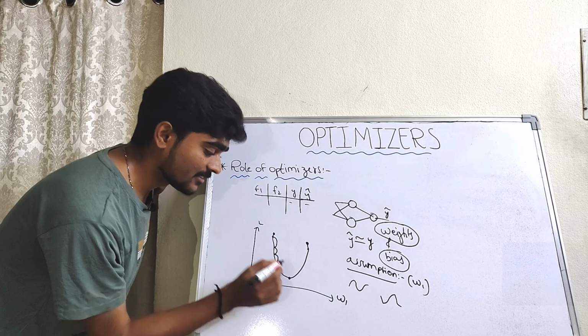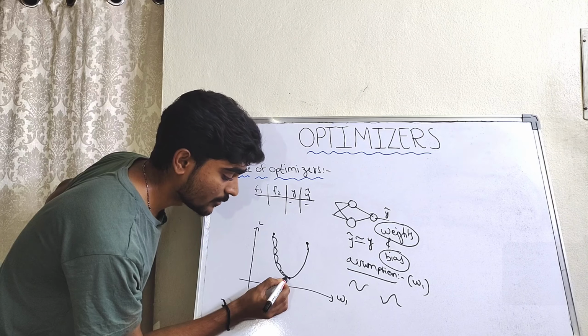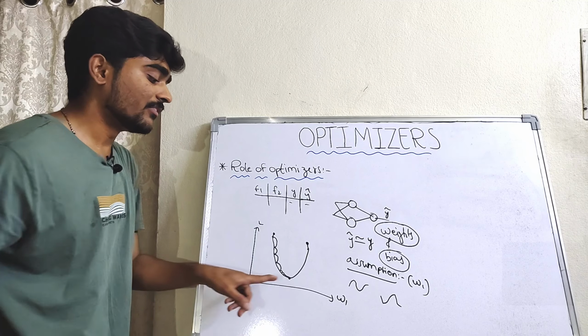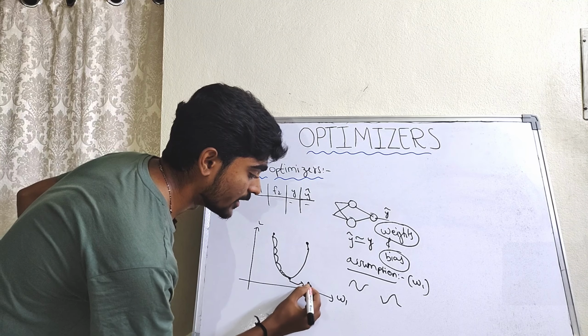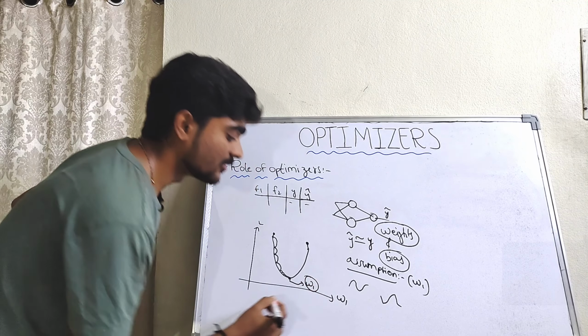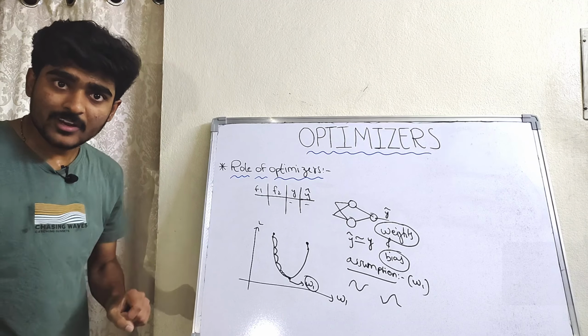As it reaches the global minimum point, it starts taking much smaller steps, and when it reaches the global minimum point, it gives out the corresponding w1 value. This is the optimum weight value.